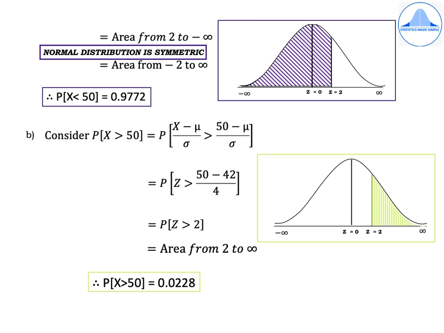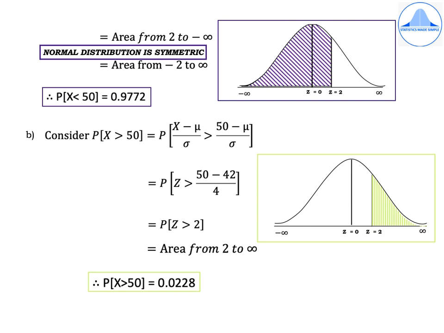And less than 2, less than 2 means what? Whenever it is less than, you have to shade to the left side of the value 2. So we have shaded from 2 to minus infinity. So whatever area you have shaded, that is in purple color, that you write in words now. So this step will be equal to area from 2 to minus infinity.